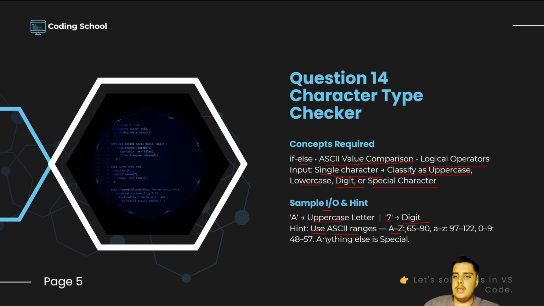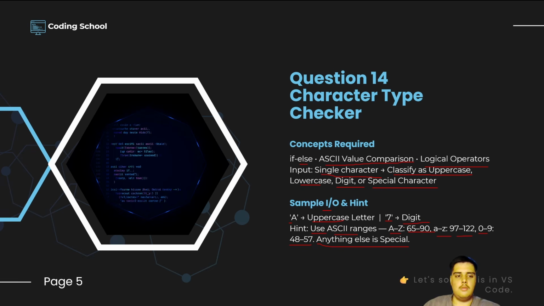As we know, A to Z is 65 to 90, small a to z is 97 to 122, 0 to 9 is 48 to 57, and anything else is special. So these 4 ranges we can use in this code.